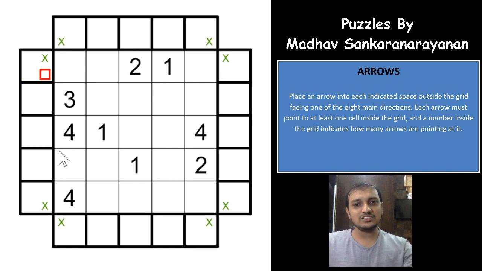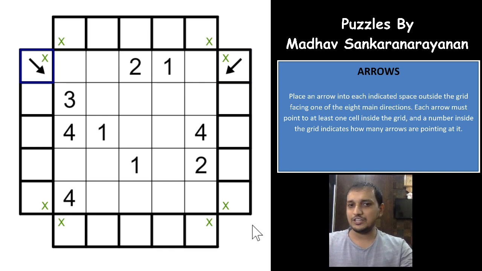But again, one more logic is that both of these cells cannot point towards the diagonal. Why? Because if both of these cells point towards the diagonal, it will point towards this one twice. What an excellent start logic this is. Which means that, for example, if you have a diagonal pointing down and a diagonal pointing down here, this one will have 2 arrows pointing towards it, right?